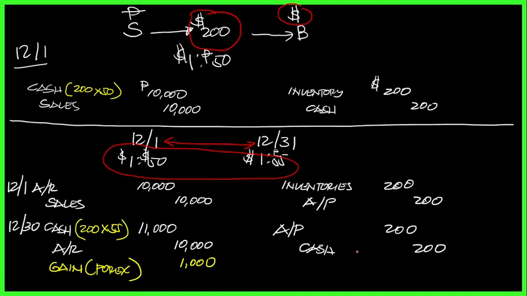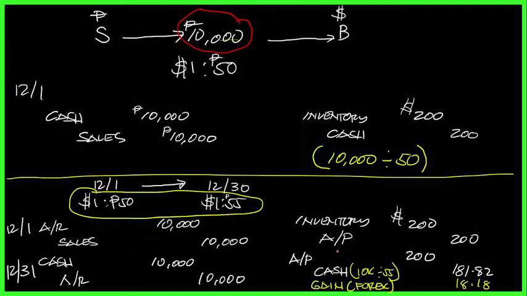Now let's look at the first example. You notice we only changed the transaction currency. It's the same values, same exchange rates. But when we used the reporting currency of the seller, there is no gain or loss in the books of the seller.